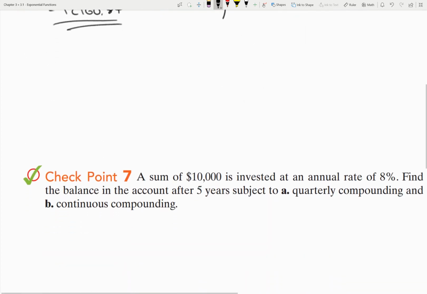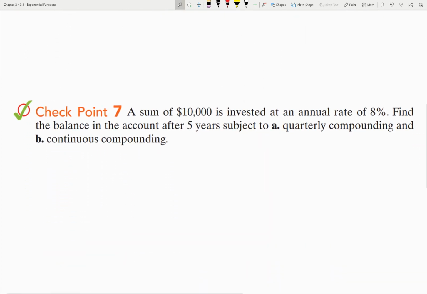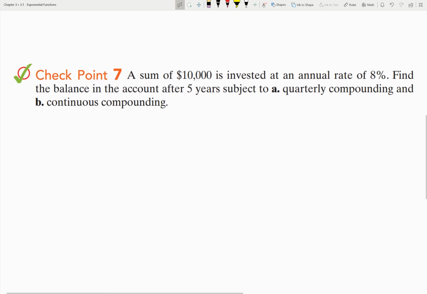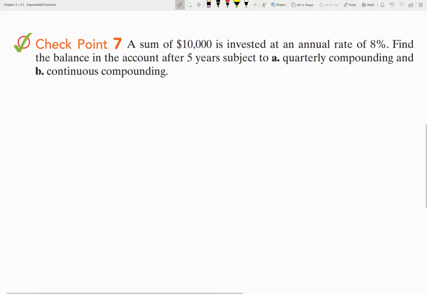Let's try one more. Again, we have two different situations here. My first one is $10,000 compounded quarterly.